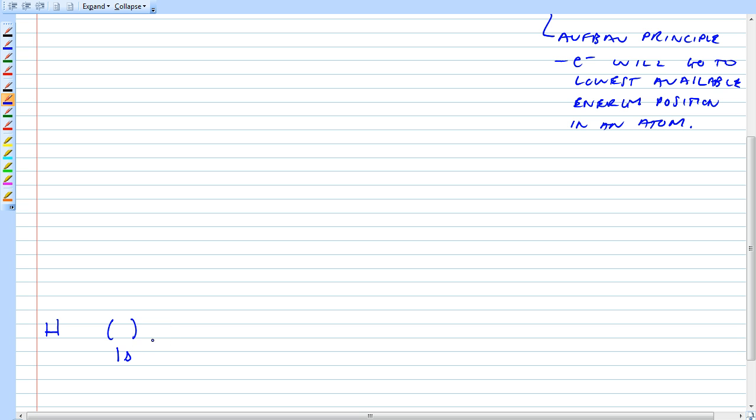The single orbital we call a 1s orbital, and we signify it with parentheses. So the parentheses here represent the orbital. And the electron we're going to represent with an arrow, in this case representing a spin up electron.